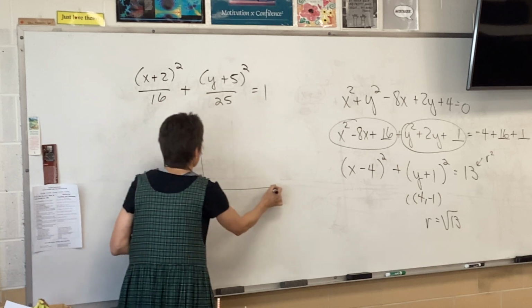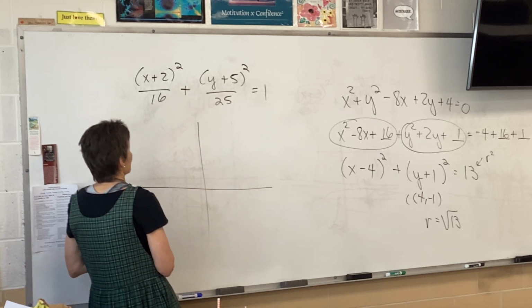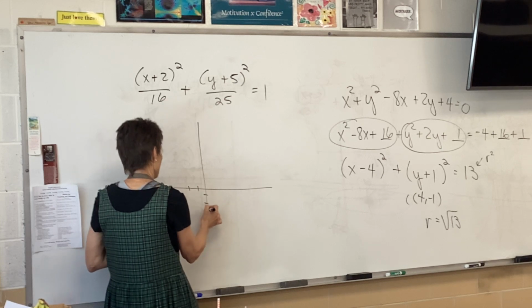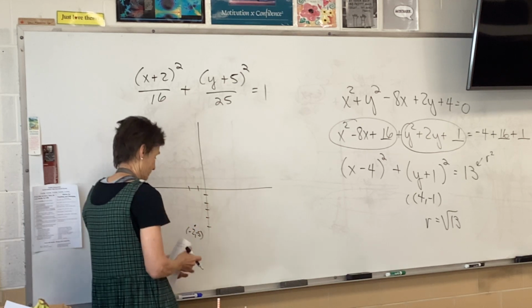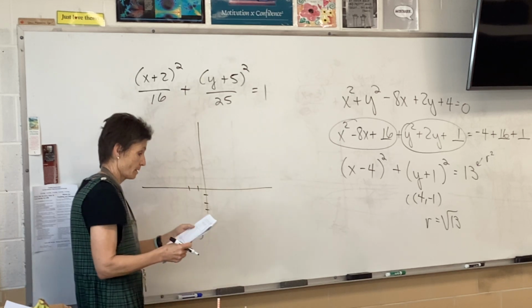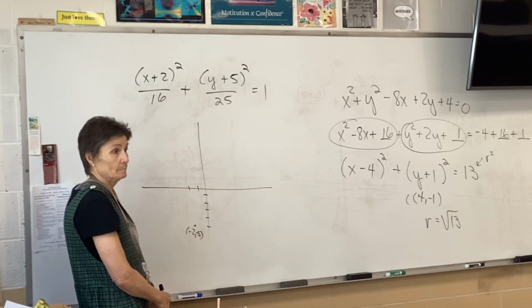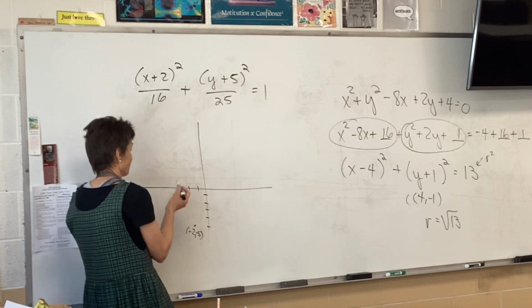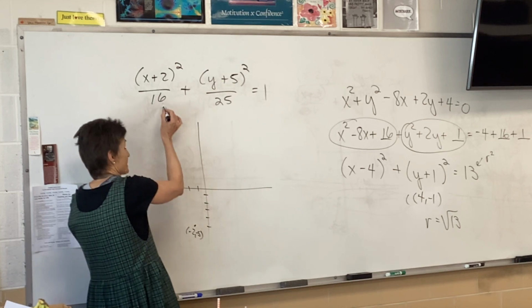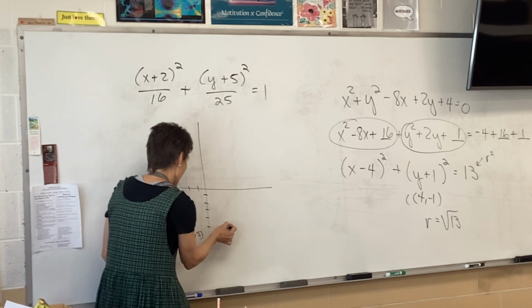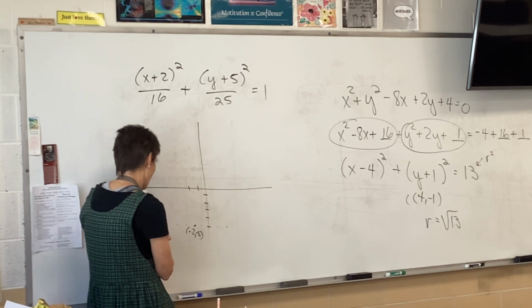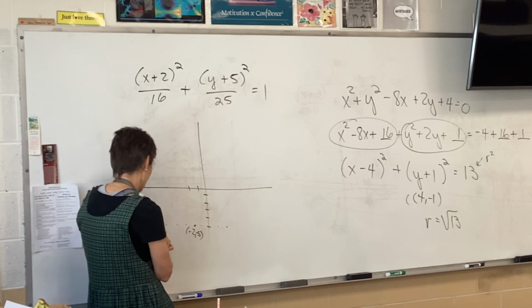Where's the center? -2, -5. Alright. Now look. Sideways 4. So 1, 2, 3, 4. 1, 2, 3, 4.